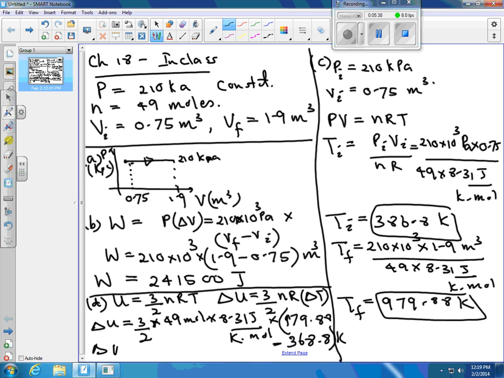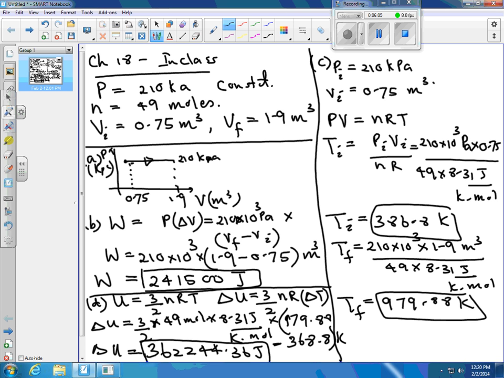If you simplify that expression, delta U is going to be 36,244.36 joules. So now work done is this much, internal energy change is this much, and temperature changes are this much.